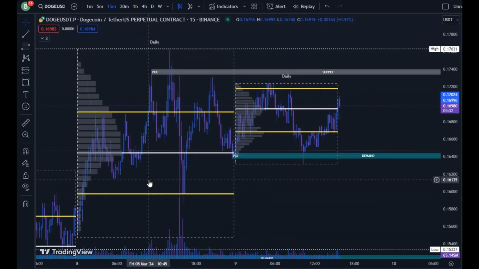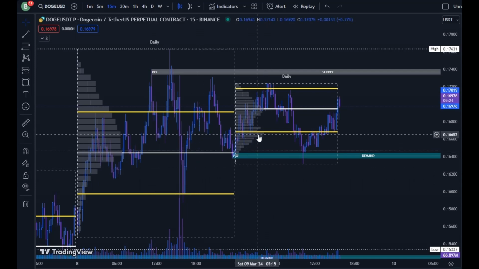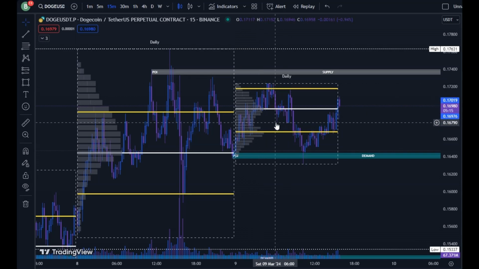How we're going to use these session volume profiles: the point of control is where most volume was traded. We're going to use the previous day's volume profile, where we've got the point of control here.